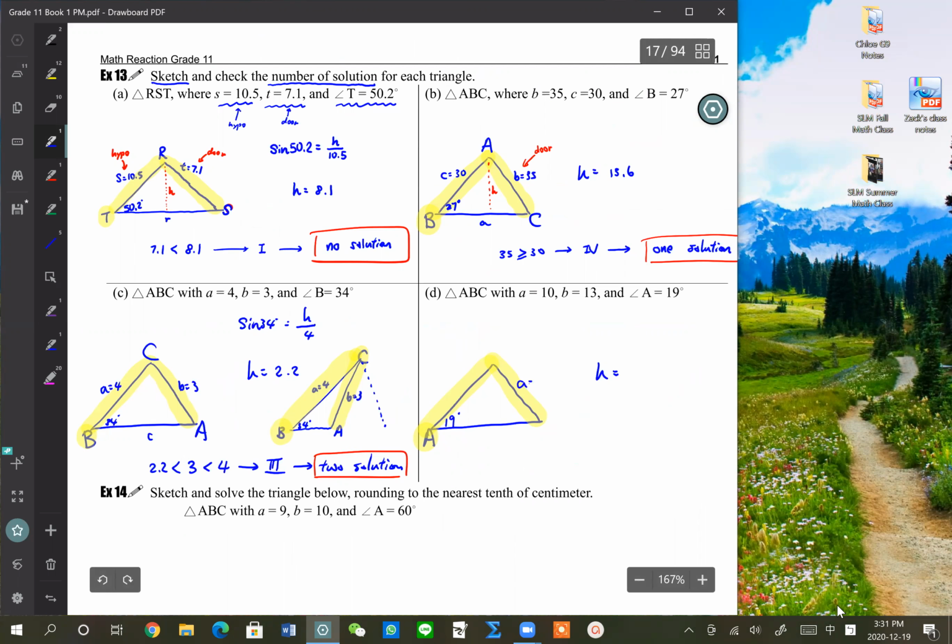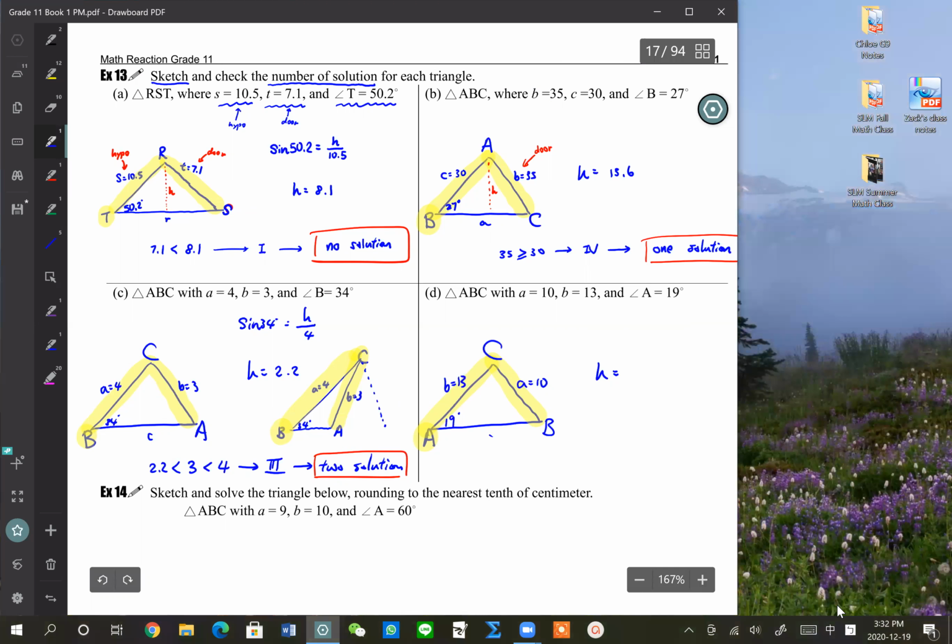Side A, the door, is 10. Side B is 13. Okay, and then this will be B, that will be C. Okay, Jiawen and Waylon, are you still working on D?